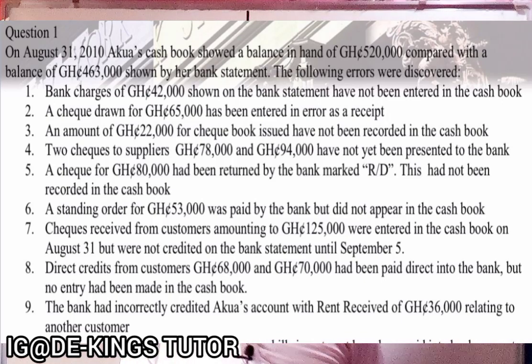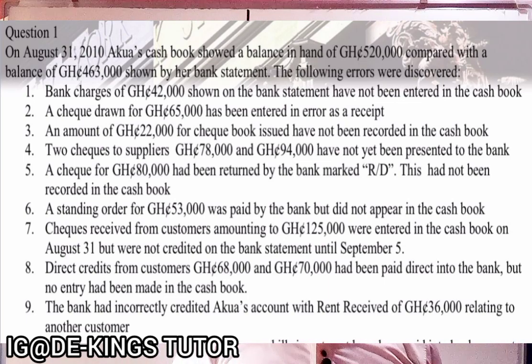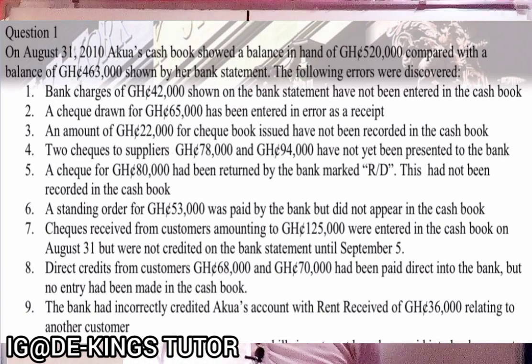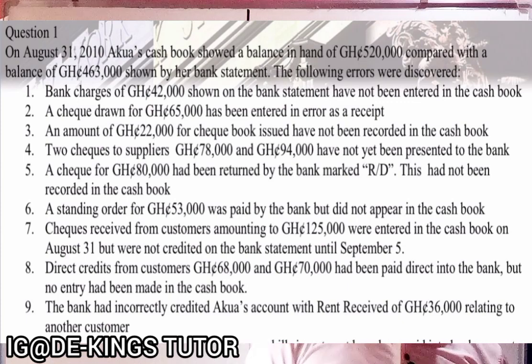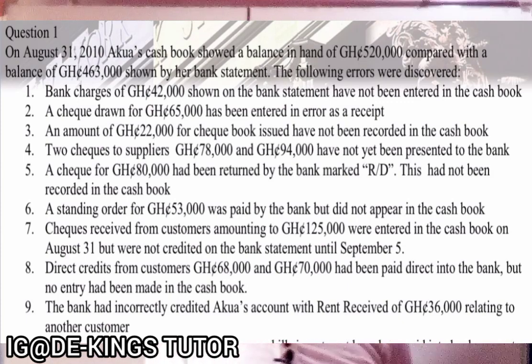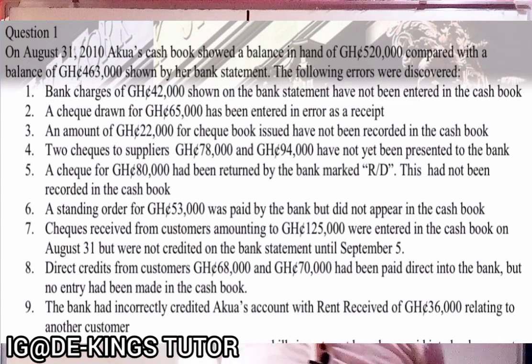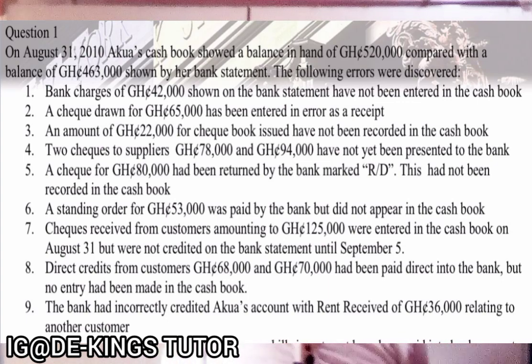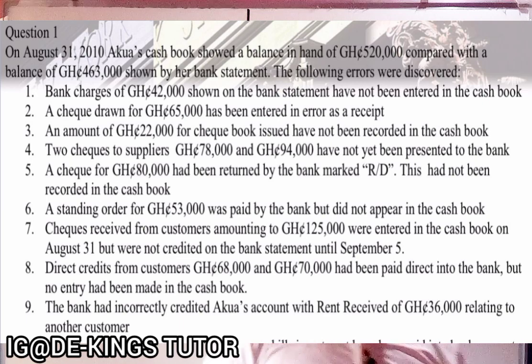Number three, an amount of 22,000 Ghana cedis for checkbook issued has not been recorded in the cash book. Number four, two checks to suppliers, 78,000 Ghana cedis and 94,000 Ghana cedis, have not yet been presented to the bank. Number five, a check for 80,000 Ghana cedis had been returned by the bank marked R/D.